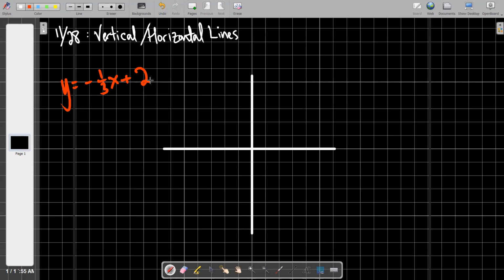So like just a quick warm up, where would I start the graph for this? No, thank you for saying up to. Good job. Up to. And then what's the slope going to be? Nope.